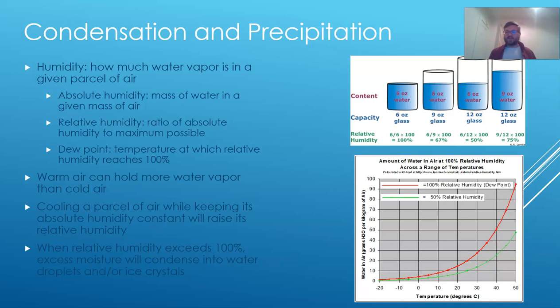And the name comes from the fact that it's at that temperature that we start to get condensation. So if you go below that dew point temperature, then your maximum that you can hold is now less than what's actually there. And that excess has to go somewhere. That excess then becomes condensation. It returns to liquid form. And so if that happens at ground level, you're going to get the formation of dew on your grass.